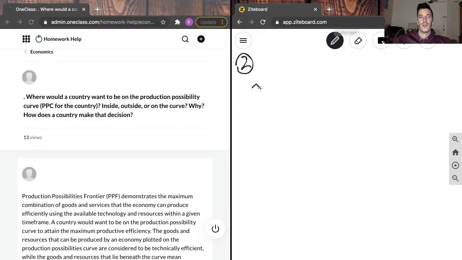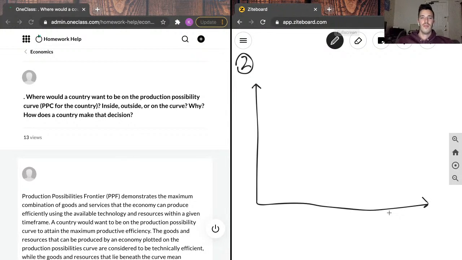So to jog your memory on the production possibilities frontier, simple version would be two goods produced by the economy. Good one we can say is coffee and good two we can say is like tea. Only two things an economy produces.